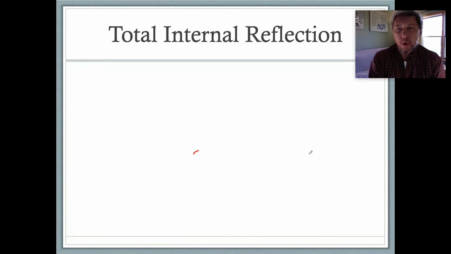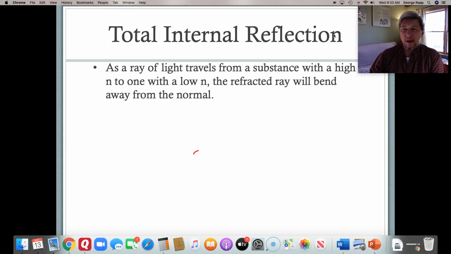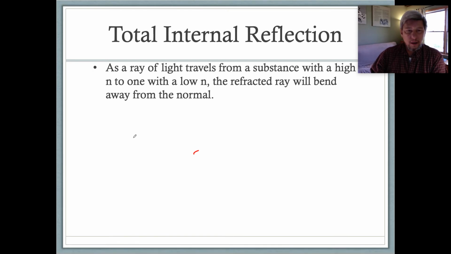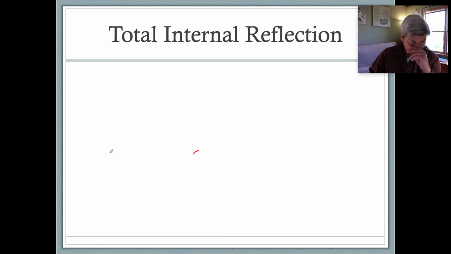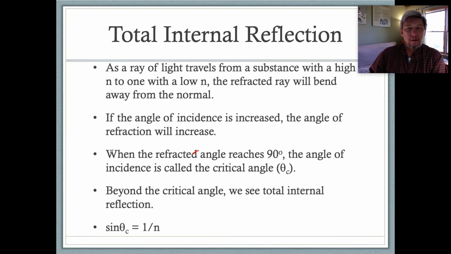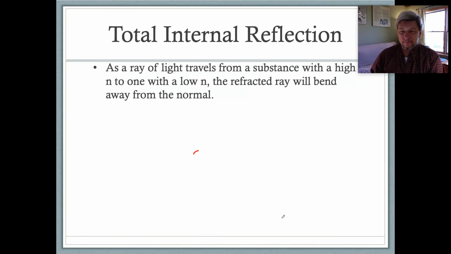So anyway, the next thing, total internal reflection. As a light ray travels from a substance with a high n to a lower n, the refracted ray will bend away from the normal, okay? And so let's say, for the sake of argument, that you've got a surface here, and I'm going to draw the normal line.